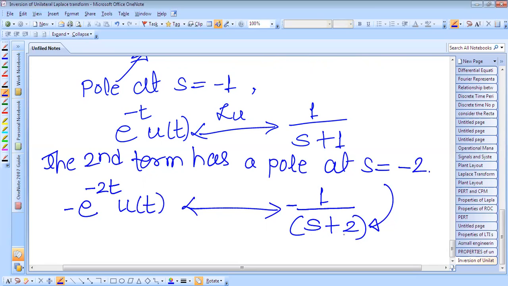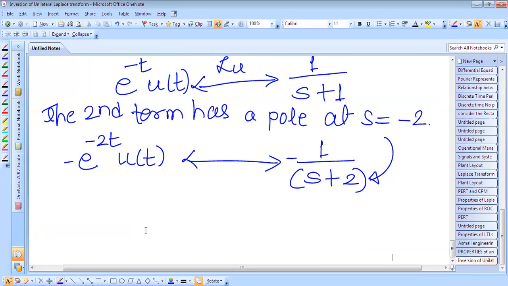Otherwise, the rest of the factor is just like this: e raised to power minus t, here e raised to power minus 2t. So this 2 is appearing here. Same Laplace transform, but because here we have the minus sign, it will appear here. So the inverse Laplace transform of this is minus e raised to power minus 2t into u of t.